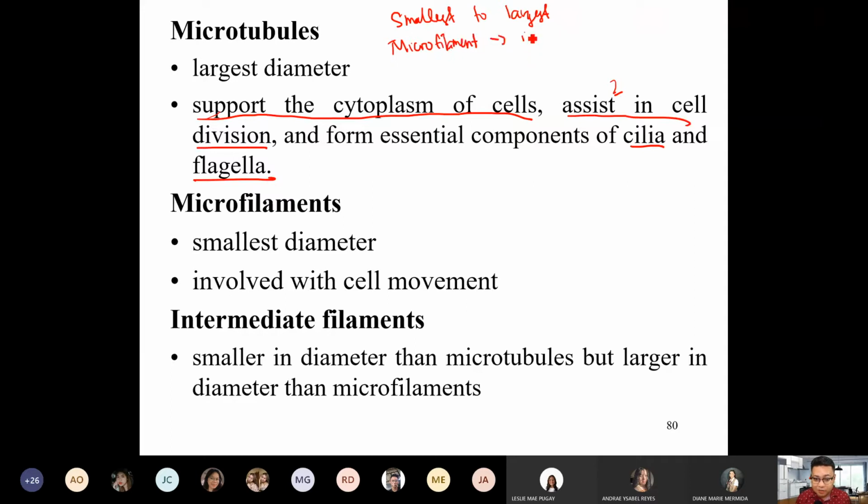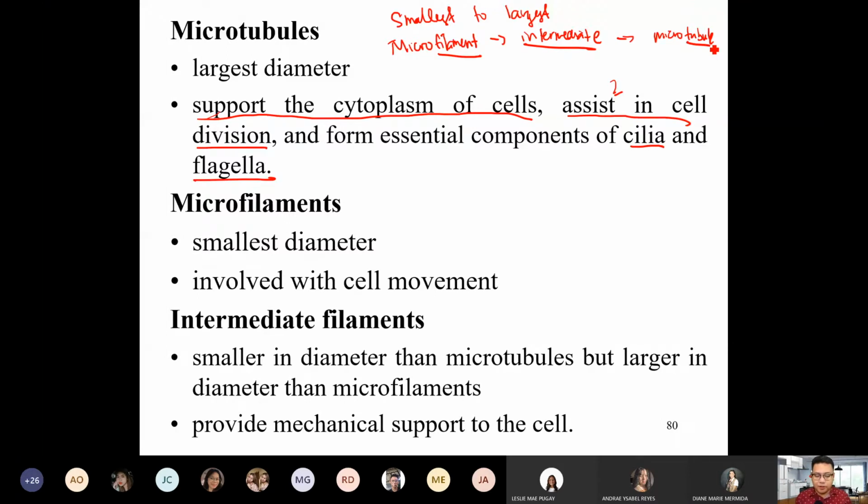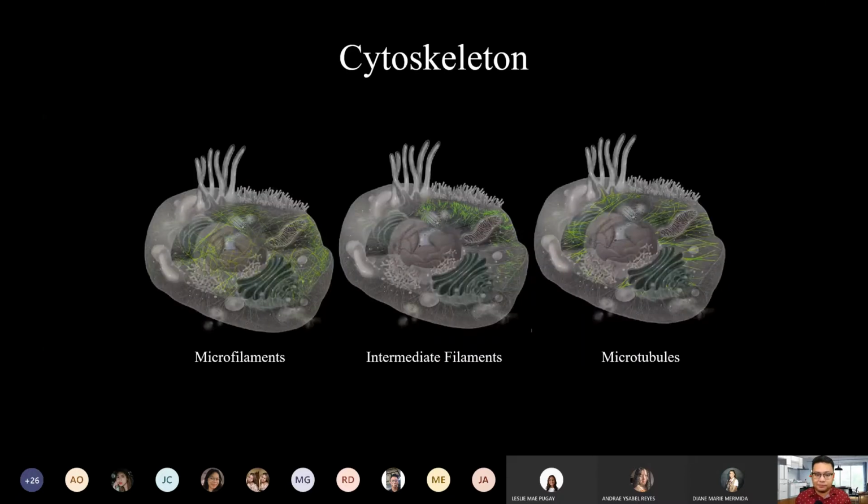Then you have your intermediate. Then you have your microtubule. Para madaling tandaan, filament, intermediate filament, tubule. Yan ang tandaan yung words. The main role of our intermediate filament is to provide mechanical support to the cell.